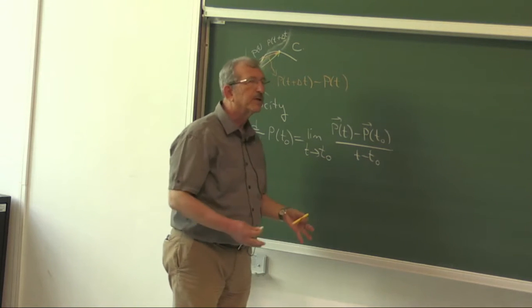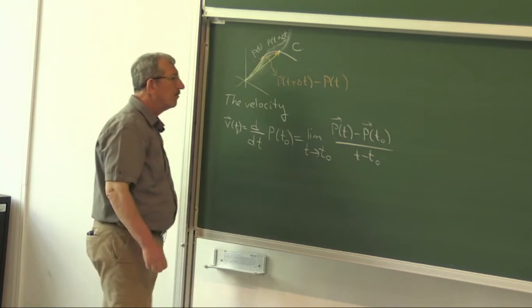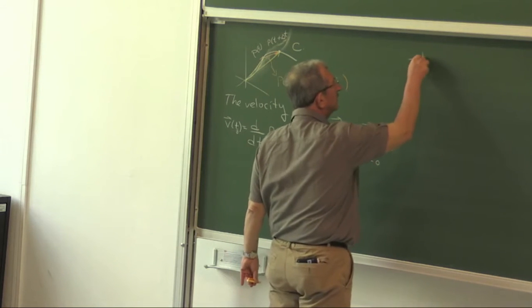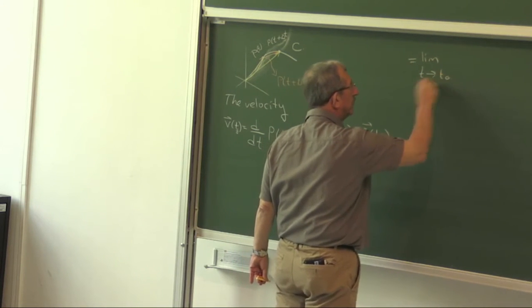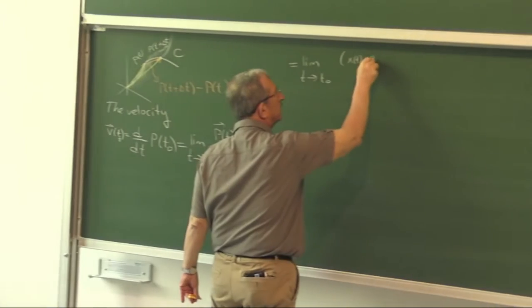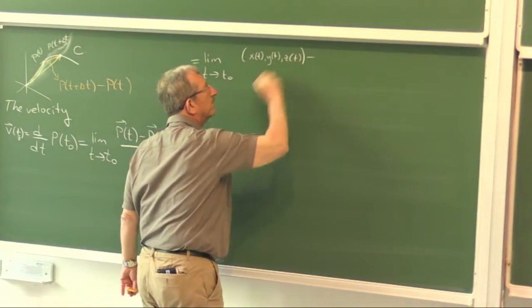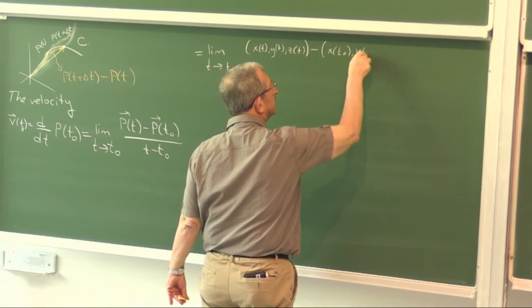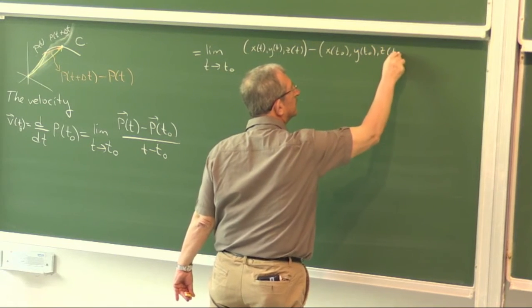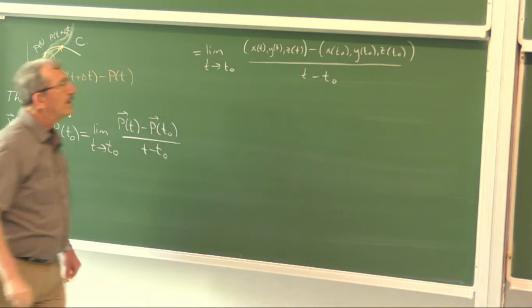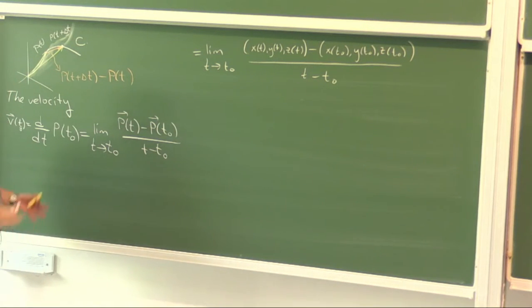Well, we already used this approach quite a lot. But now let us make the formal definitions. Namely, this is the limit as t goes to t0 of (x of t, y of t, z of t) minus (x of t0, y of t0, z of t0), divided by t minus t0. So what we used so far was just to consider the derivatives of the components.